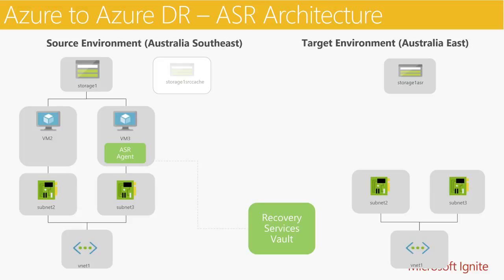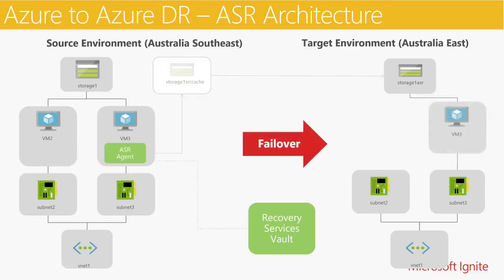When we enable this replication, it will automatically use VM extensions to install the Site Recovery agent. Once the agent gets deployed, we know about all of the reads and writes happening in memory. We also know about the data that's already committed into the hypervisor environment. So we can then do a failover.